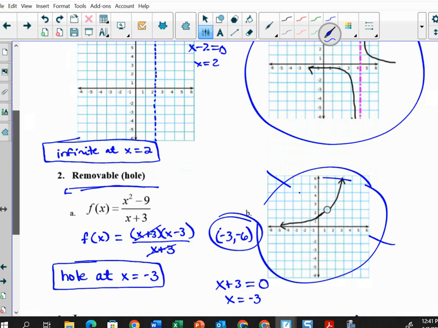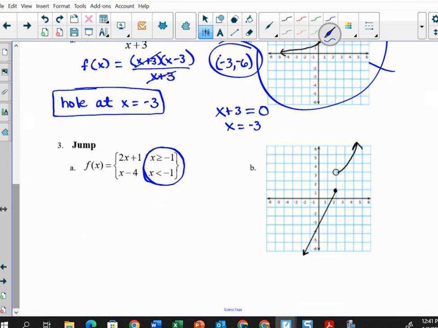So the way we test that is I plug that -1 into each piece. What is 2 times -1 plus 1? -1. And then I plug it into the other piece. What is -1 minus 4? -5. Do those two match? They do not match, which means you have a jump.